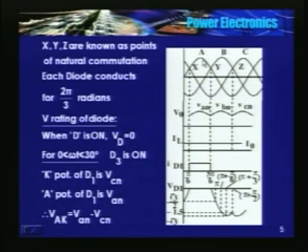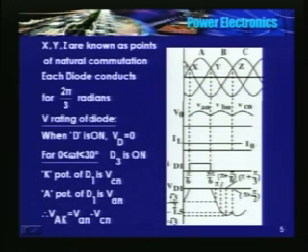If I take the magnitude of each sinusoid as 1 per unit, at omega t equal to 0, phase A is 0, but phase C is at 120 degrees.